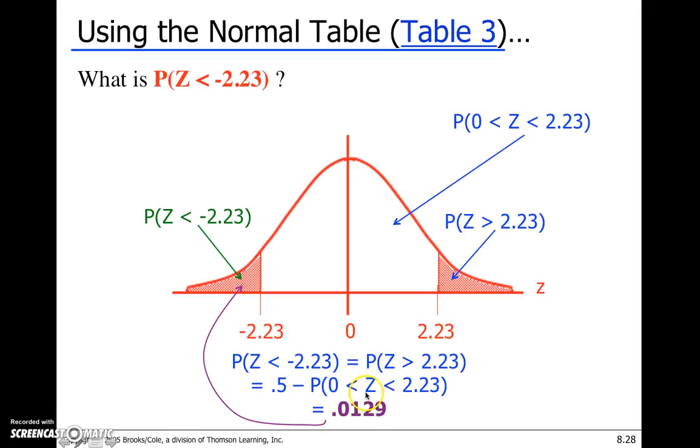That is, you'd read 2.23 in the row and column accordingly to give you the value for this area here is shown. You subtract this from 0.5.